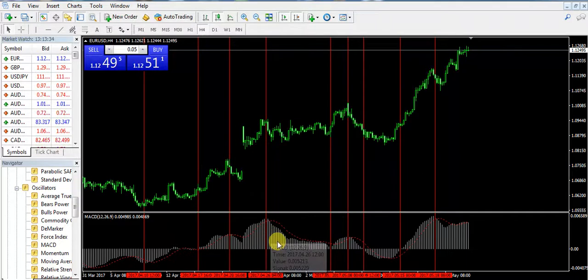Yet, MACD remained in a positive territory. It remained above the zero line, indicating that there hasn't been a proper warning yet that there might be a change in trading direction, a change in the direction of the price action.